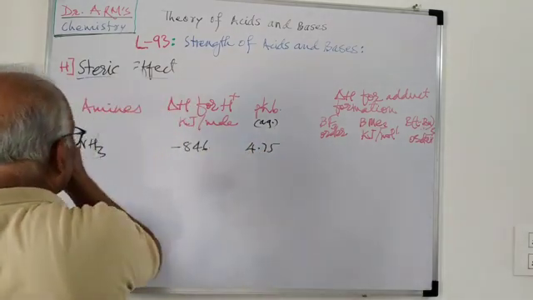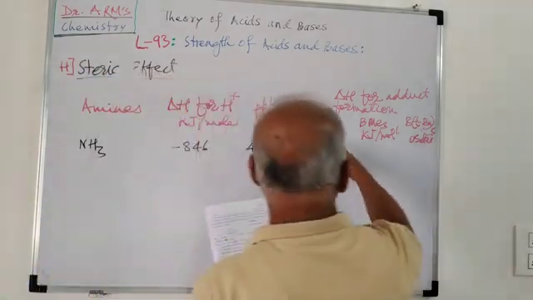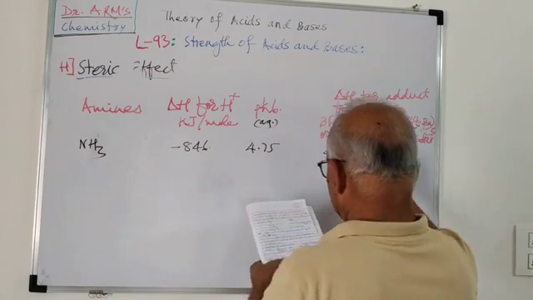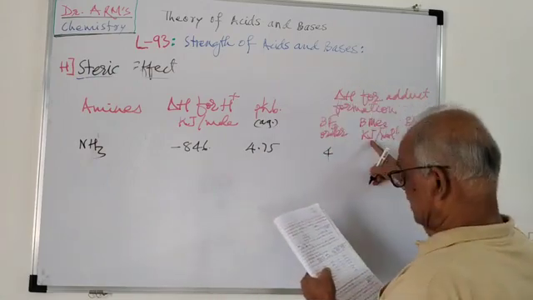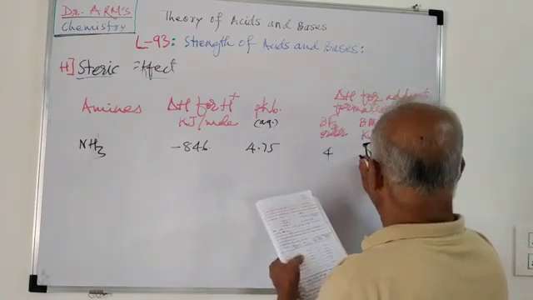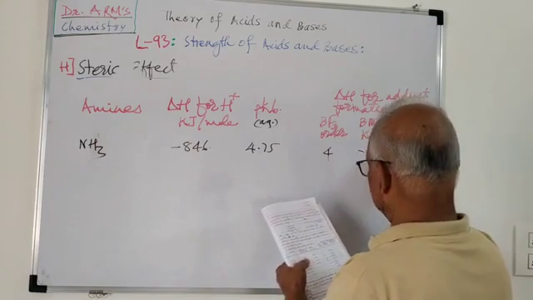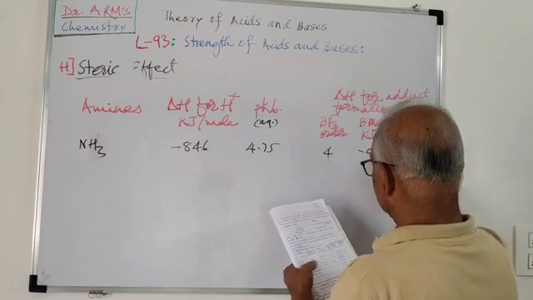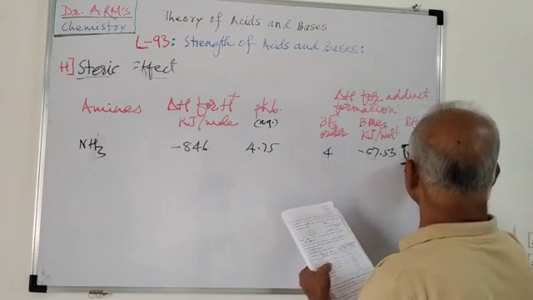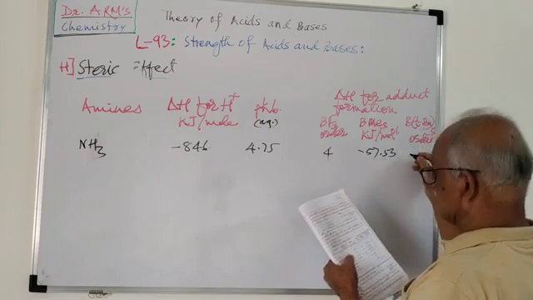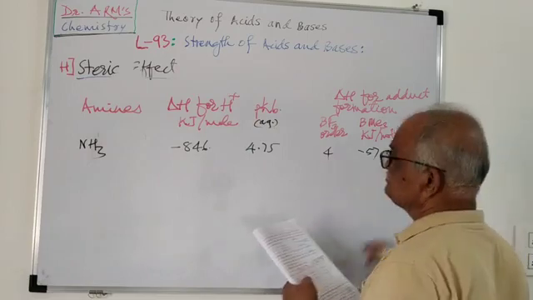NH3 with BF3 has order 4. With BMe3, the change in enthalpy delta H is minus 57.53, and the order with tertiary butyl boron is second order.